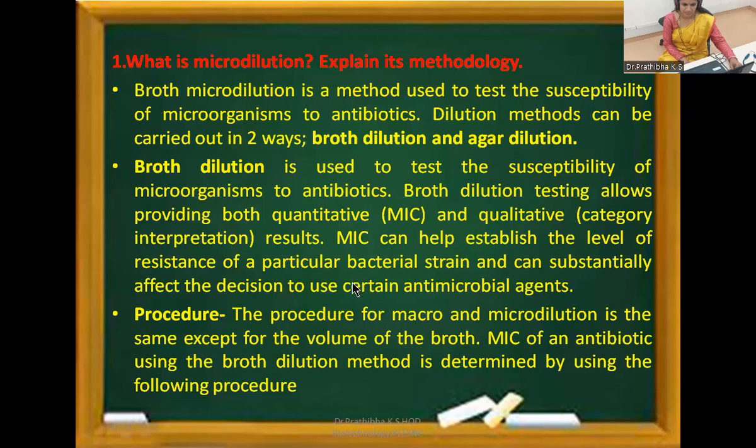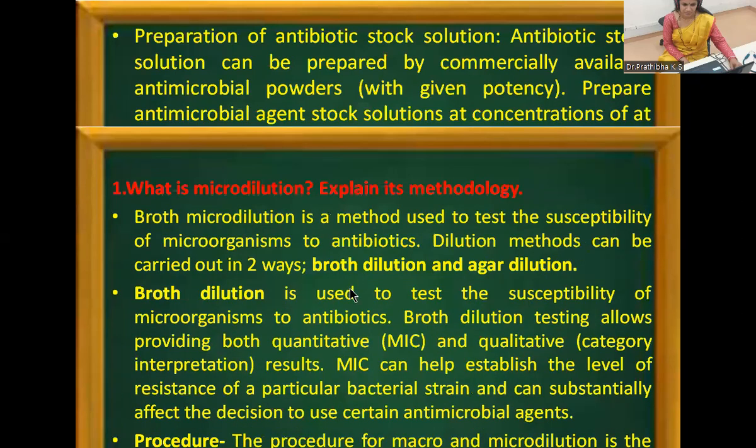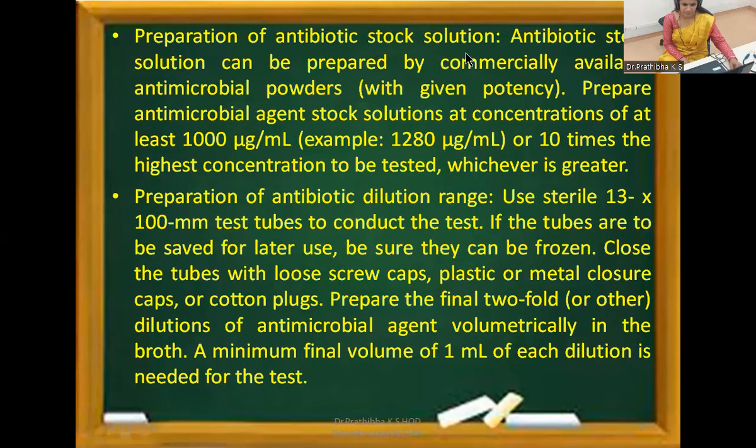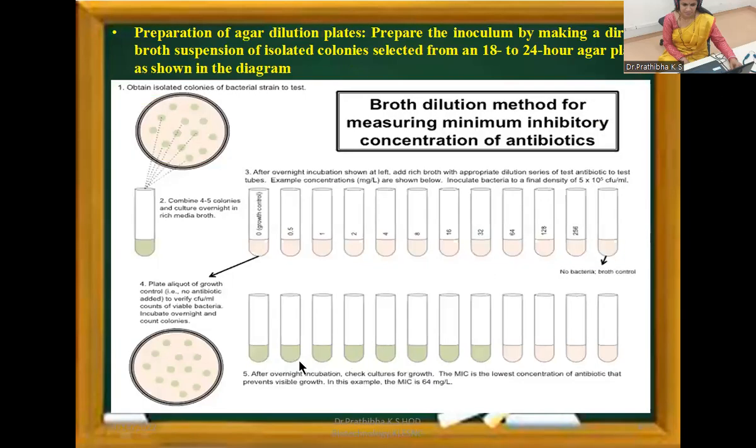Okay, so this is about microdilution, and further you need to write about the preparation of antibiotic stock solution, then preparation of antibiotic dilution range, and please also go through this diagrammatic representation of the broth dilution method for measuring minimum inhibitory concentration of antibiotics.